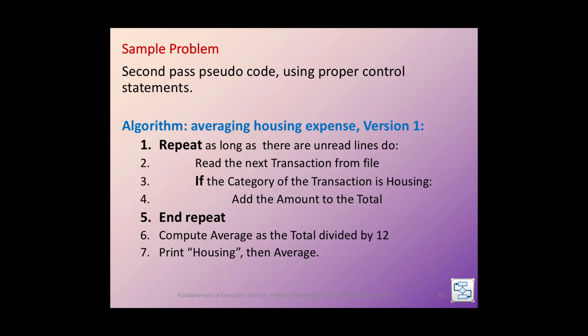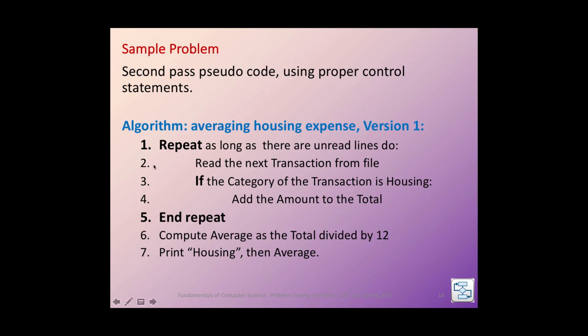control statements to our algorithm, we can see that we have introduced the word repeat. This is where we're entering the loop. It says repeat as long as there are unread lines, do the following. Since there are multiple lines inside the loop, we are ending the repeat. That's what we meant by making sure we end multiple line structures.